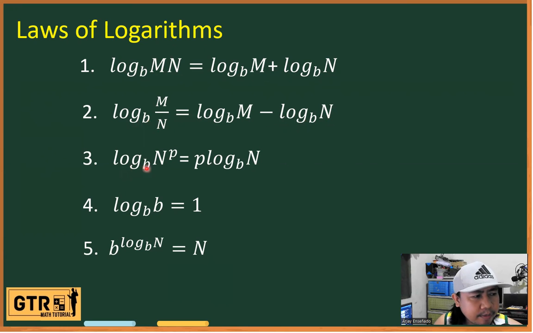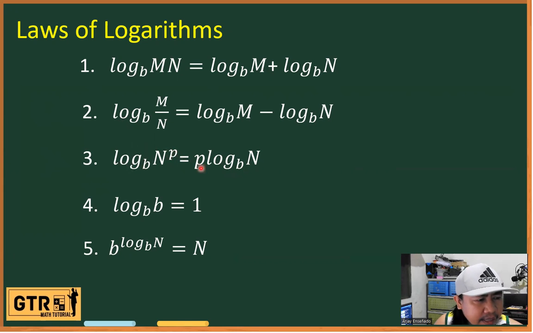Then we have logarithm of n to the p to the base b, that is simply equal to, so we just move the p here, p times logarithm of n to the base b. So if we have an exponent, just put the exponent beside the logarithm.